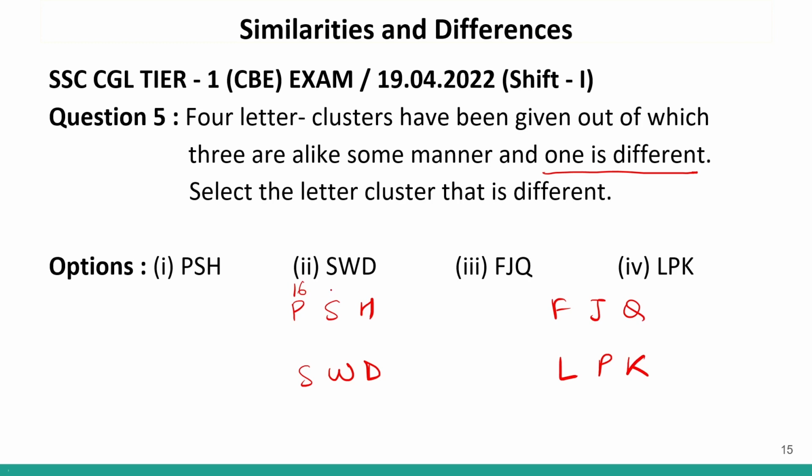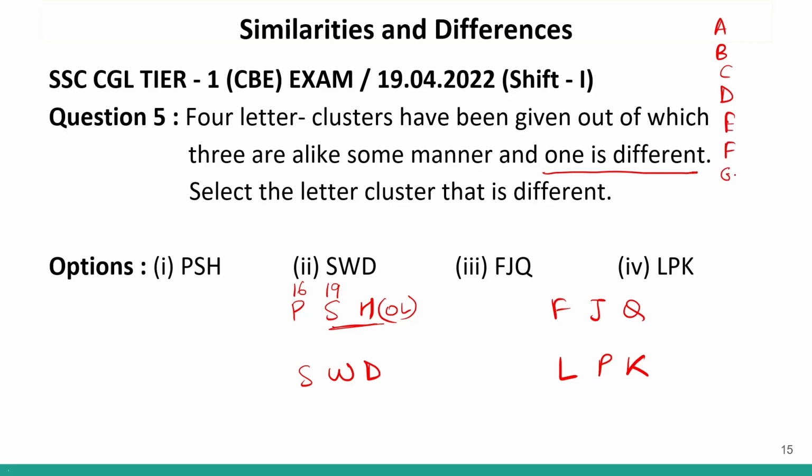This is 16, S is ranked at 19, H is ranked at how much? If you know S and H are opposite letters, so I can assume that these are opposite letters. That is the relationship. If you do not remember what were opposite letters, I'll just quickly write them down for your reference, okay?